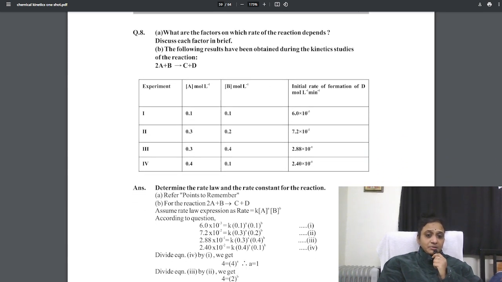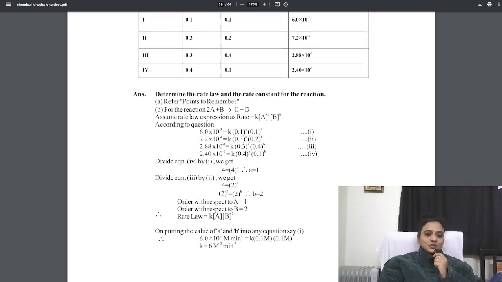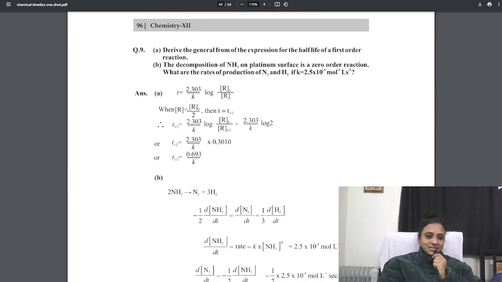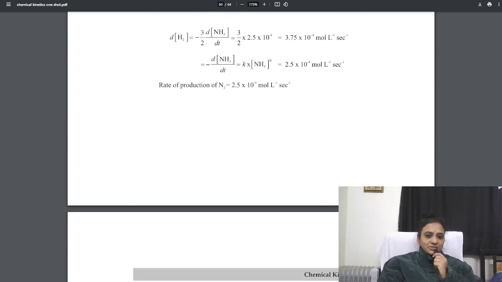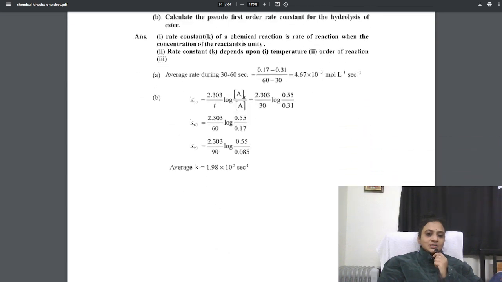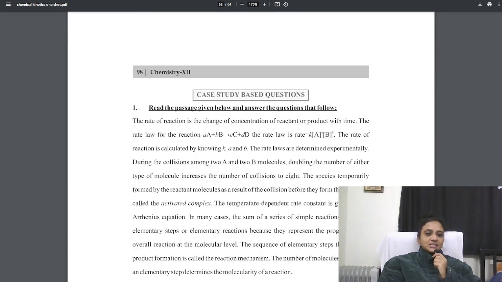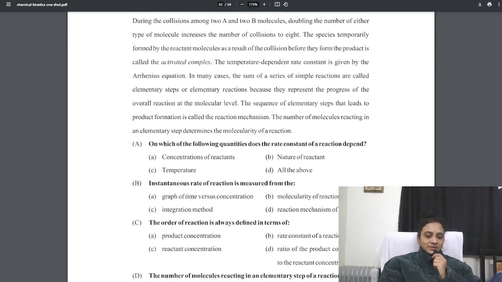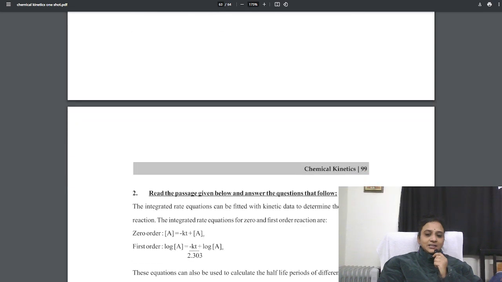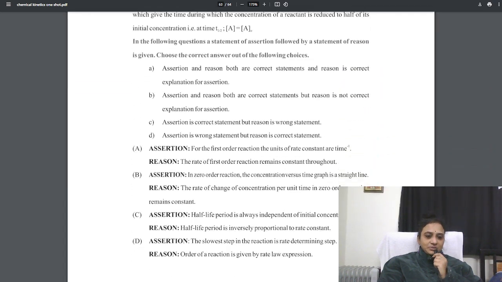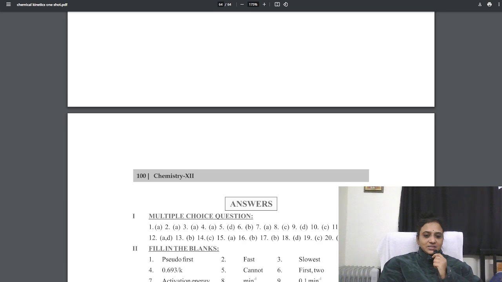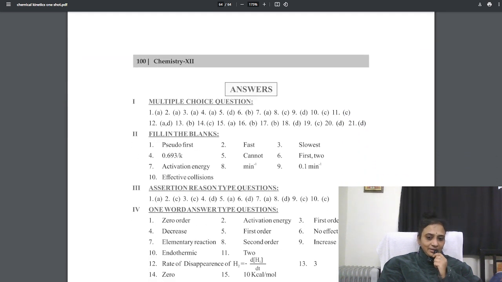This is a very important question, an easy question also. So this is your question, basically all the 5 mark questions, everything. Now what is important is, students, remember case based questions are also there, case study questions, and careful, all the passage based questions are there, along with the assertion reasoning questions, and answers are there at the end.